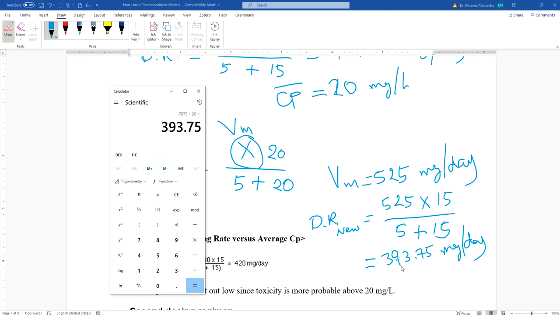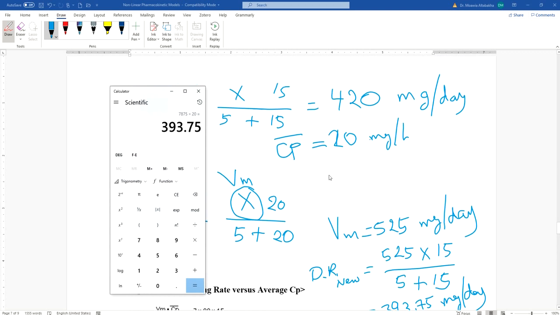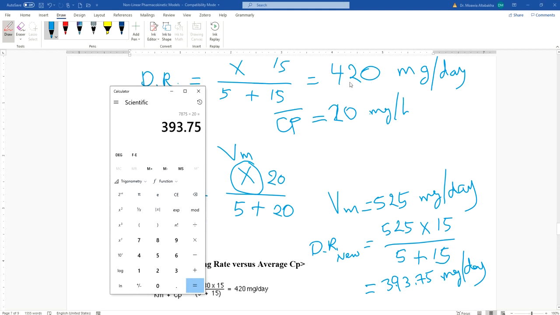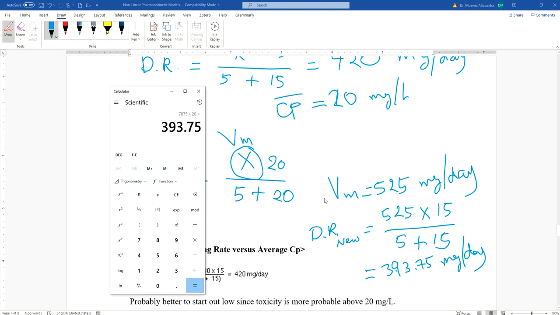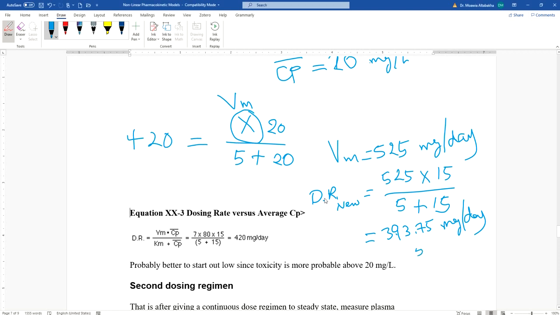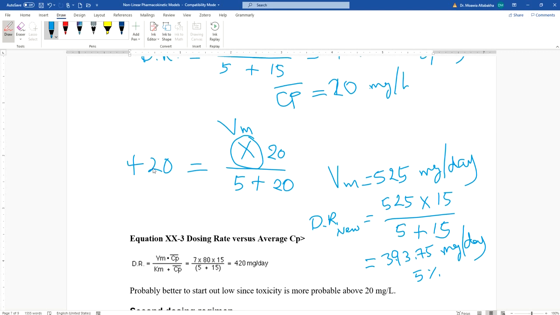But what you will find is that the dosing rate has now decreased from 420 to 393, right? This is a decrease of about 5% in dosing rate, from 420 decreasing to 390.